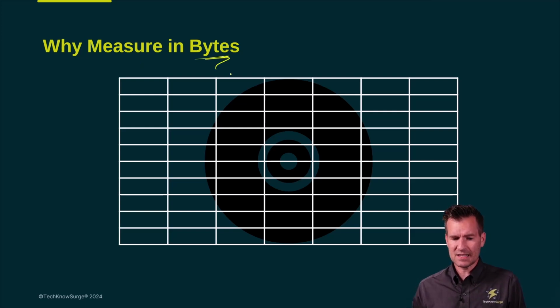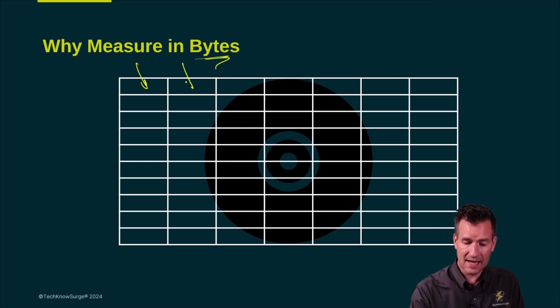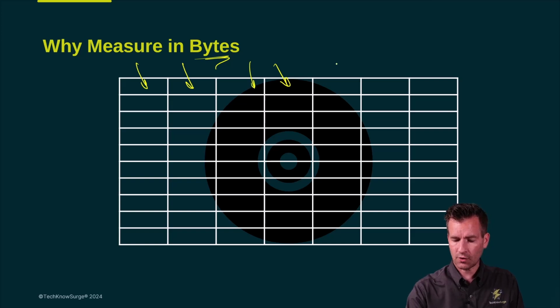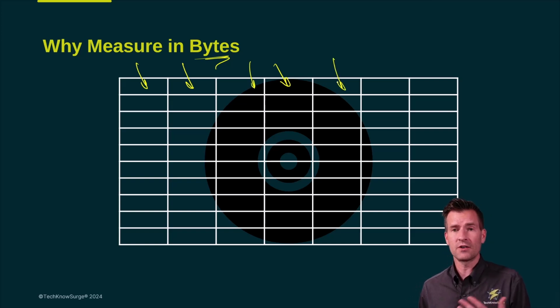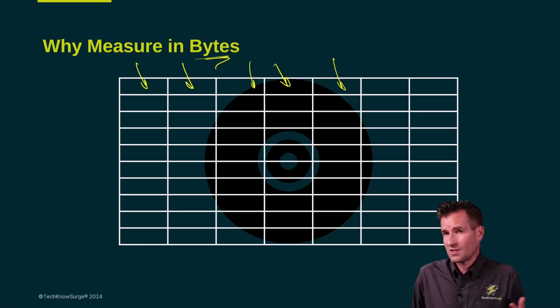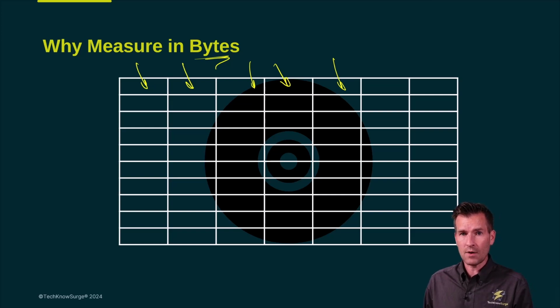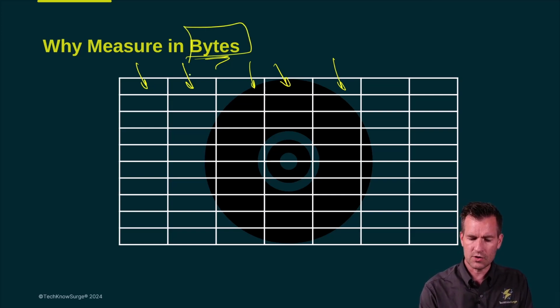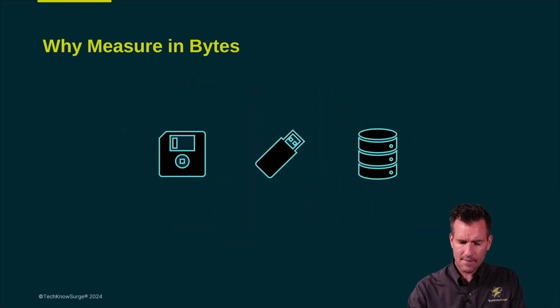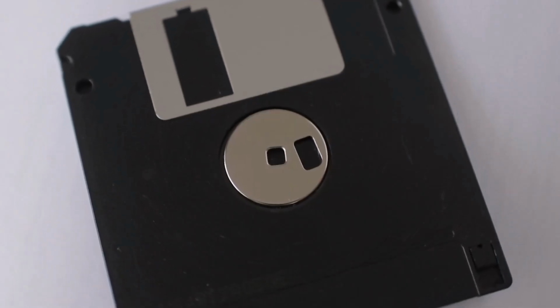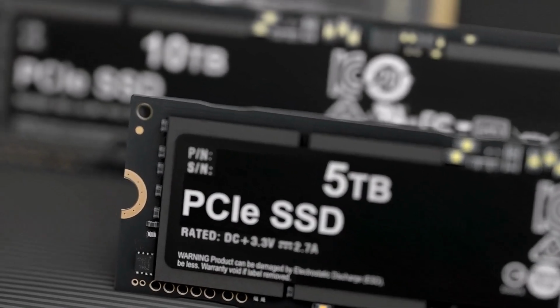Well, the reason is because storage is usually in blocks of data, and lots of times we're storing large amounts of data. So bits is just a little too granular for that, and we usually group things up in bytes. So that's why we measure storage in bytes. If you're talking about some sort of removable media or disk space, then those are measured in bytes.